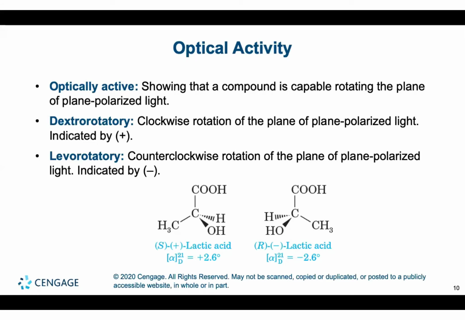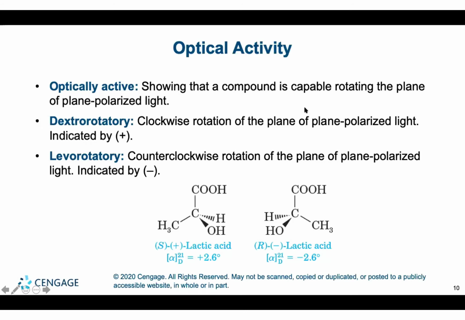What does it mean? When we put the compound in a specific instrument, which we call a polarimeter, it is able to rotate the plane of plane polarized light. So it's a specific light, and the compound is able to rotate it.